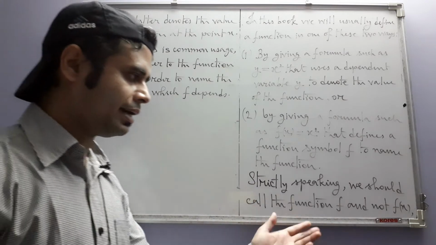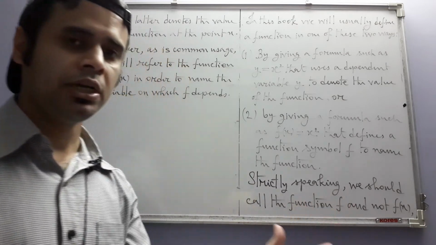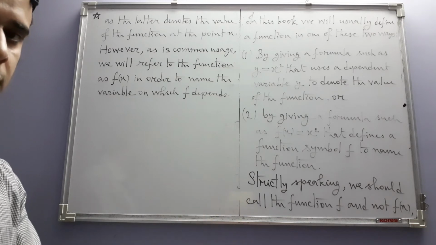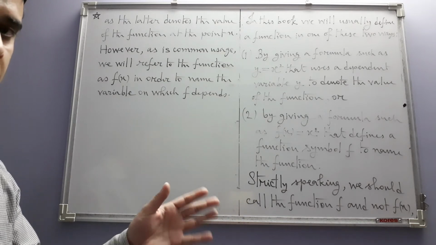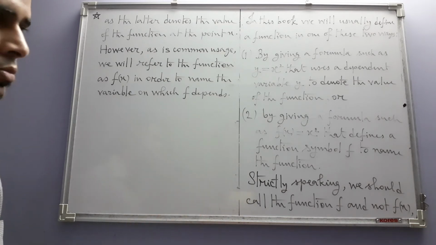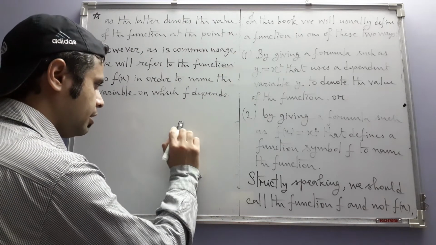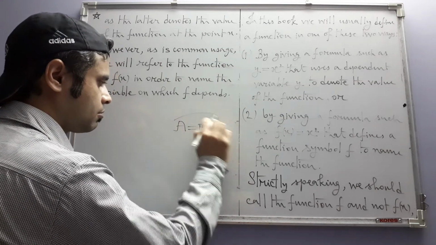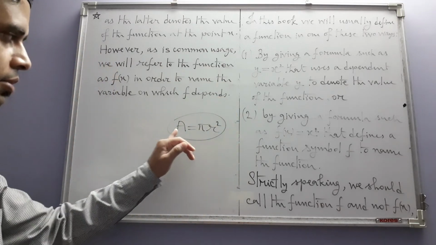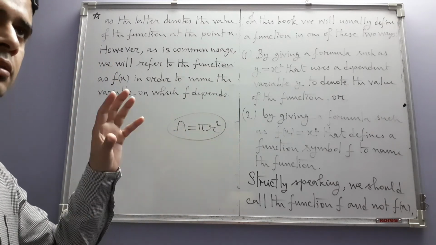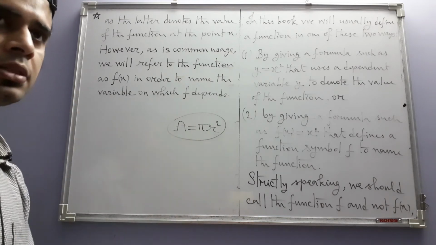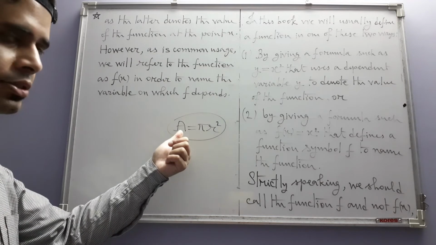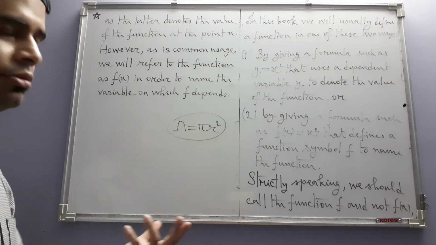So ideally we should distinguish between f and f x. f is the function, f x is the value of the function, but normally we don't do so. In the circle area function, you can think of a itself as the function, although strictly speaking, a is a value of the function.